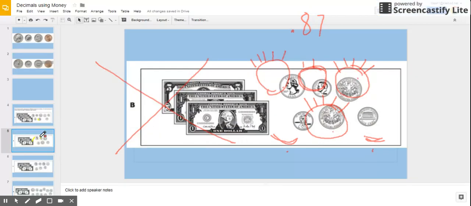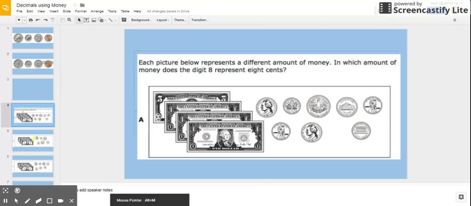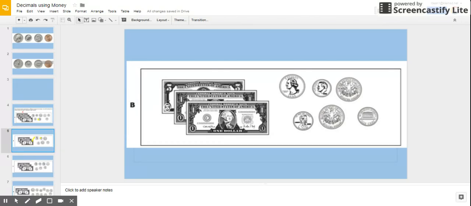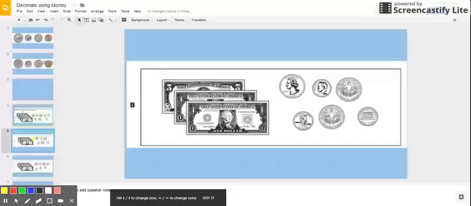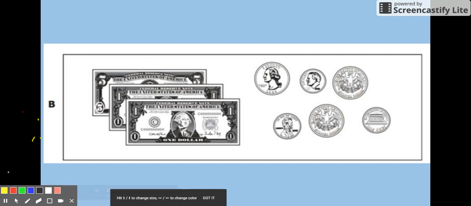What was the question? Let's look back. Let me get my pointer. The question was, in which amount of money does the digit 8 represent only 8 cents? Here's where they could also have tried to trick you. We just determined earlier, and sorry, all my markings went away, that this was worth 87 cents.